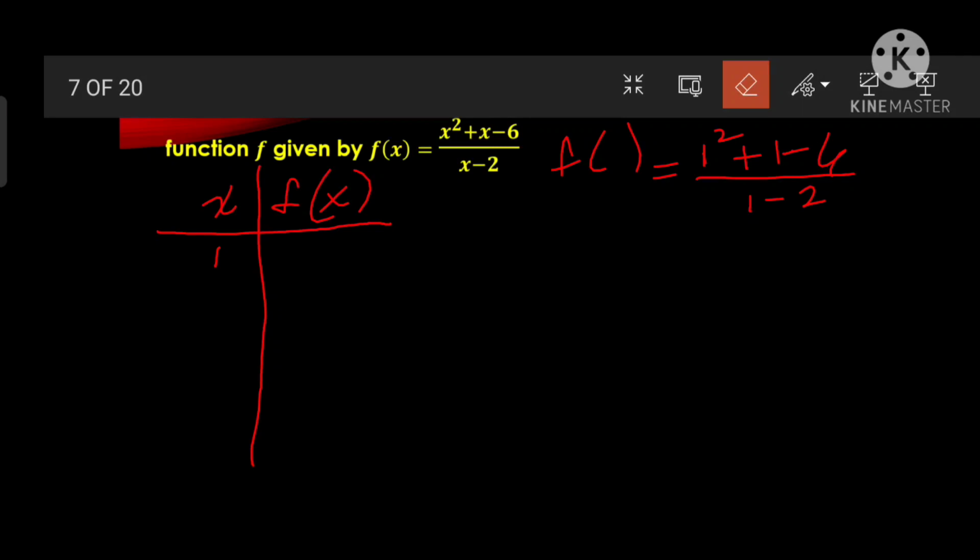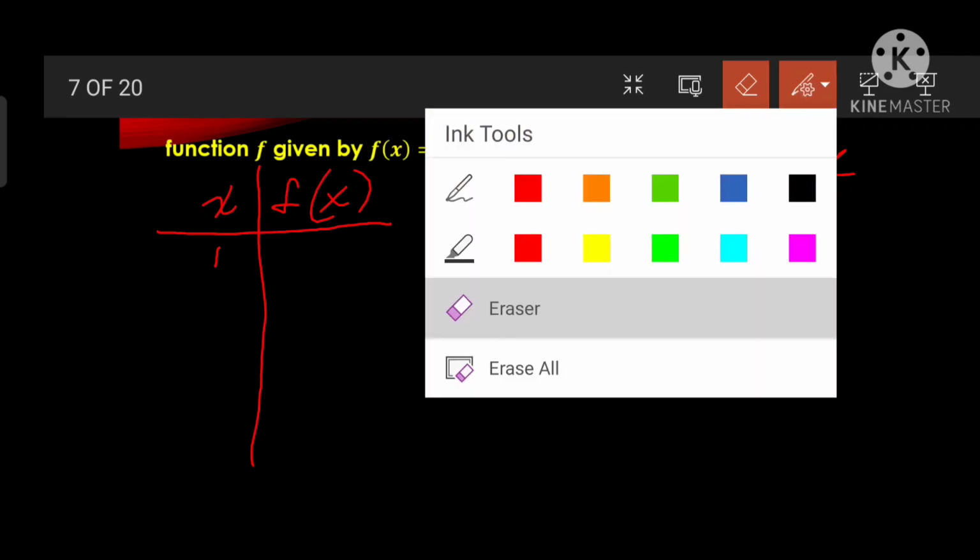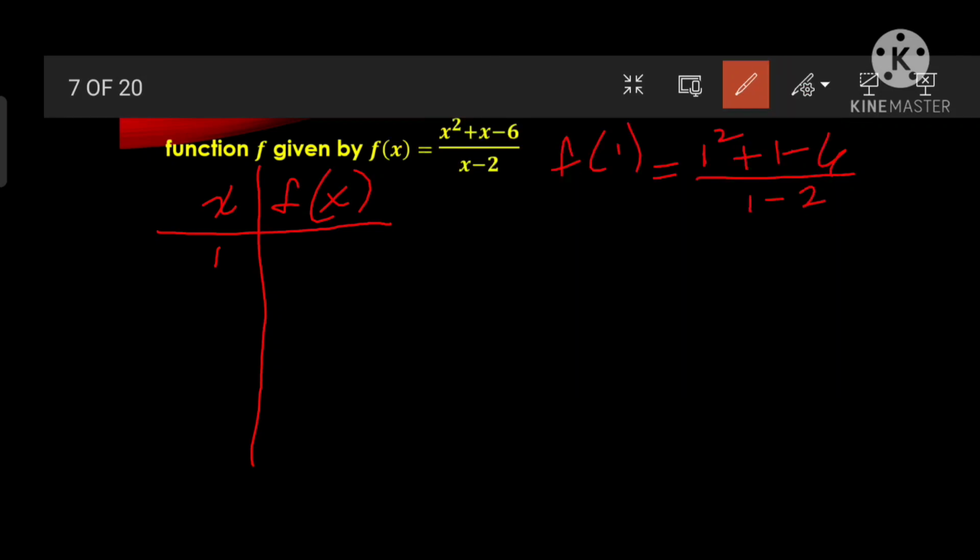Let us not forget to change the value of x here as well. 1 squared is simply 1, so 1 plus 1 minus 6 all over negative 1. 1 plus 1 is 2, minus 6 is negative 4, over negative 1.